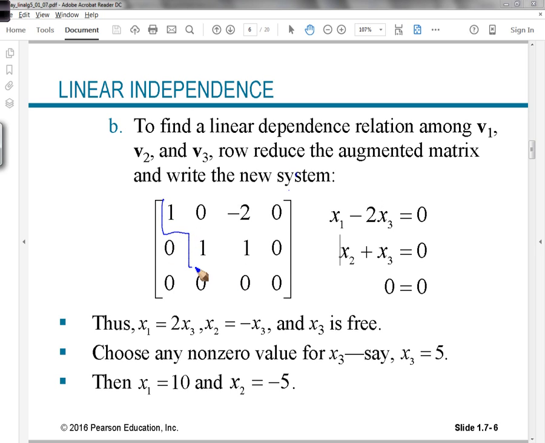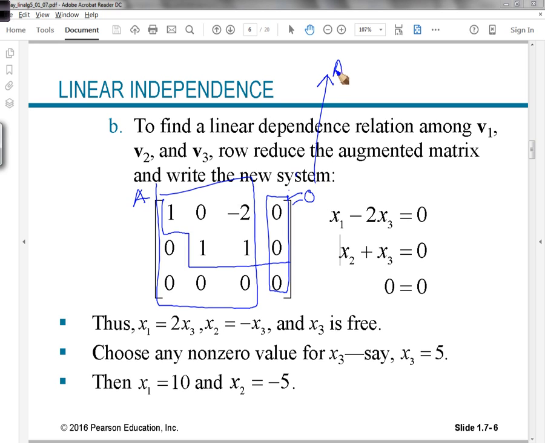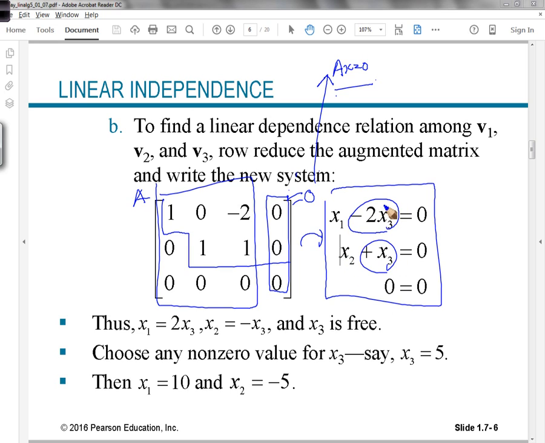So in this case, this part corresponds to A, right? And this part corresponds to the 0 part, which comes from AX equals 0, right? Because in the case of linear independence or dependence, we think about this homogeneous version of the linear system, right? So once we reconstruct them into this equation form, it's represented in this way, and then what we do here is that we move these free variables to the right, right?